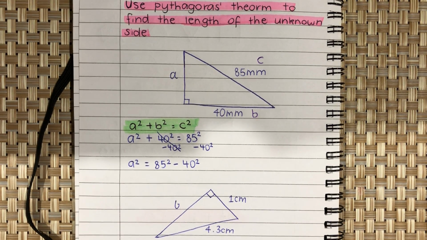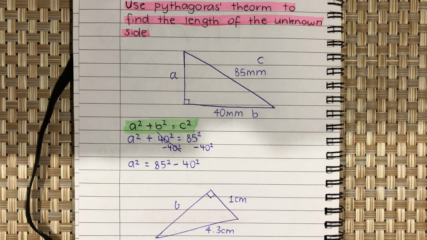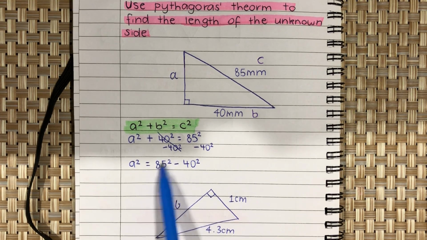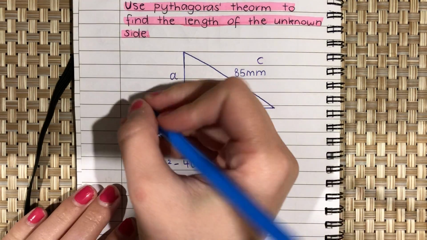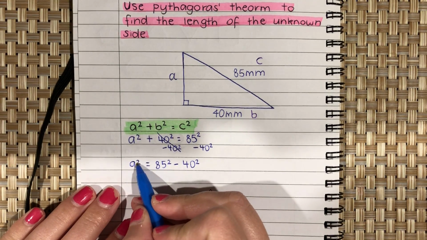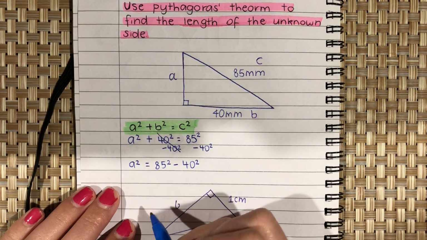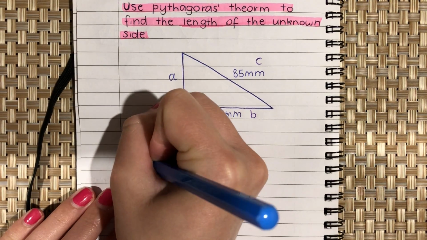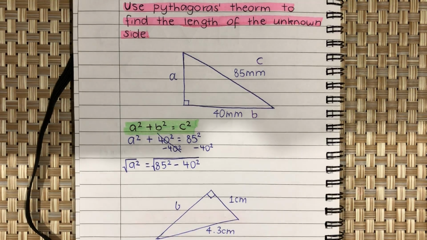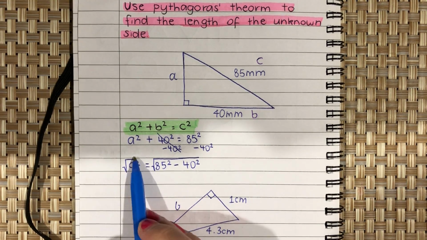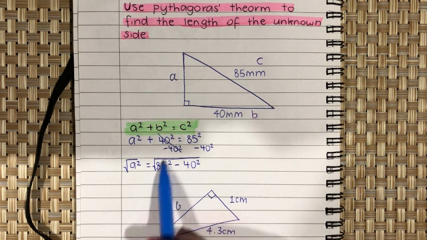Now what we are going to do is square root both sides, because the opposite of squared is a square root. The square root, square root, because whatever you do to one side, you need to do to the other side.